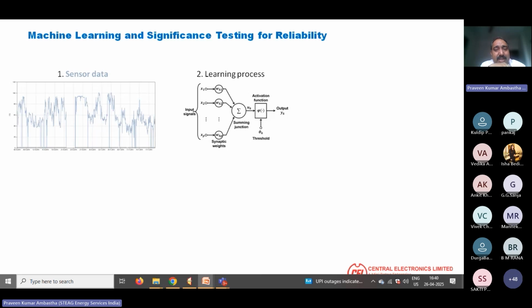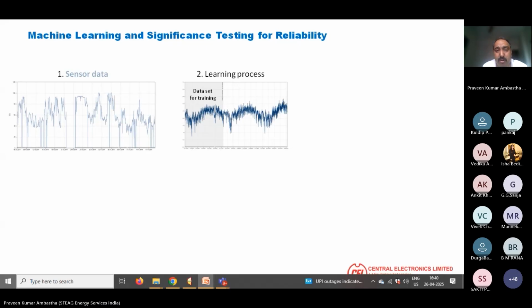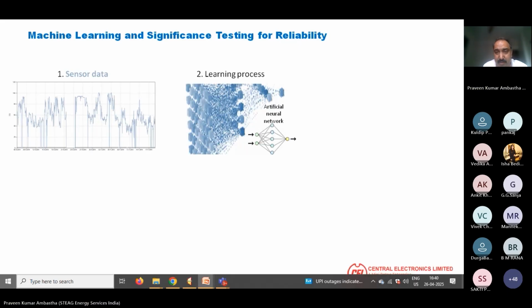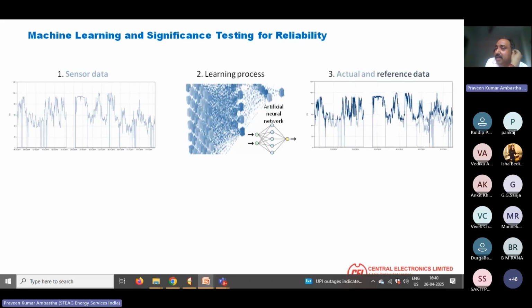Here you can see this is the neural model. So we input this raw data into my neural model, and I try to train the data, and develop a reference data from this neural model.